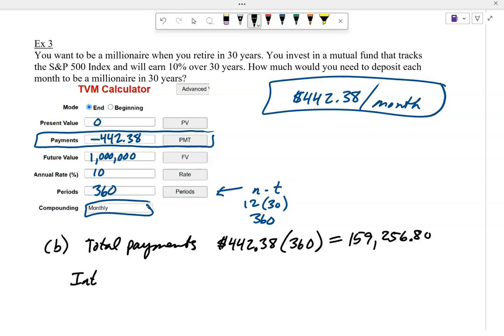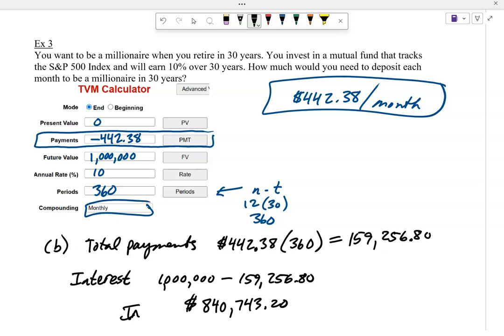So how much was the free money, interest? Well, we ended up with $1 million. We only spent $159,256.80. So this was a ton of interest. $840,743.20 was all compound interest free money.